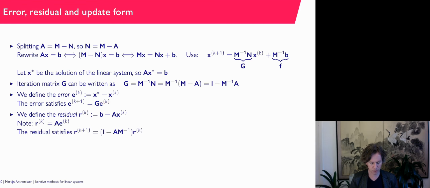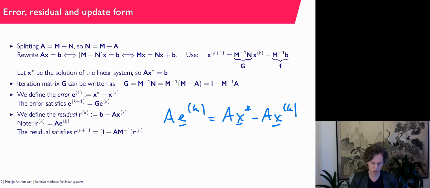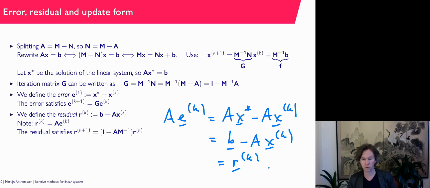You can easily see that if you apply A to the global error, that is A x star minus A xk, and this is precisely b minus A xk, and this is what we have just defined to be rk. So apparently this relation holds between the residual and the global error. The A matrix is in between there.